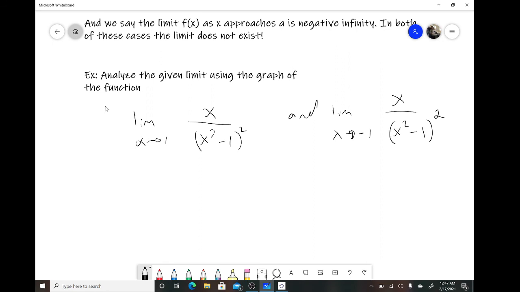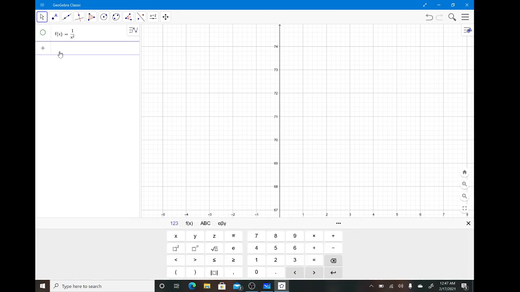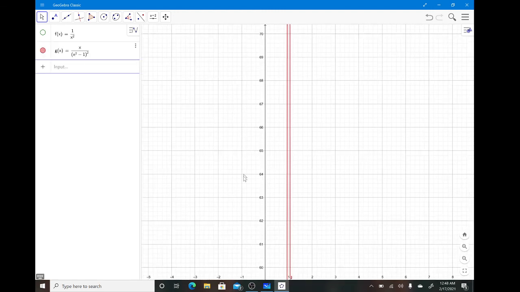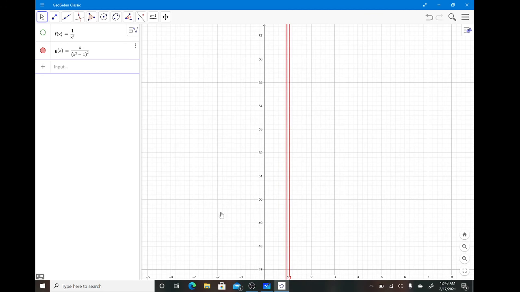Okay, so if we were to graph this, let's see if we could get a graph going for this. So we have x over (x squared minus 1) squared. If we were to graph this, this is how it will look.